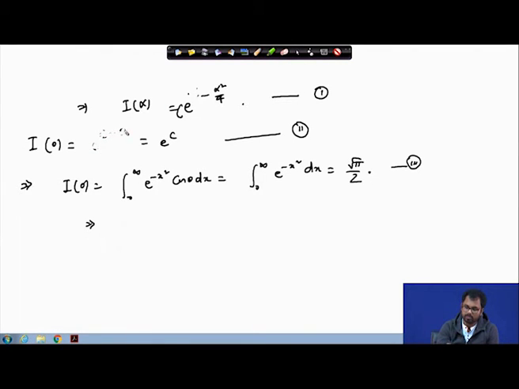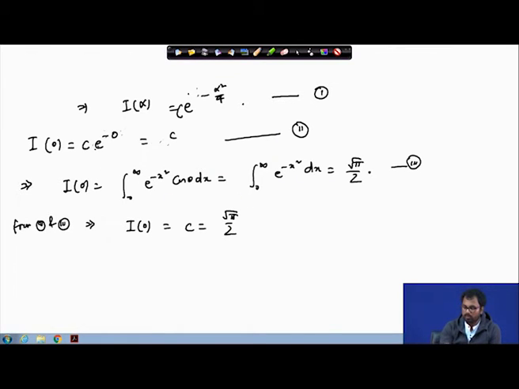So we can play with this arbitrary constant as we please. We can write it as c e to the power minus 0. So this is basically our c. So our c is basically I. So that means from 2 and 3, we have I0 equals c equals square root of pi by 2.